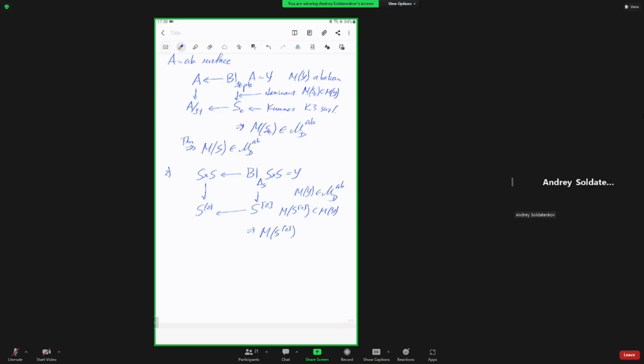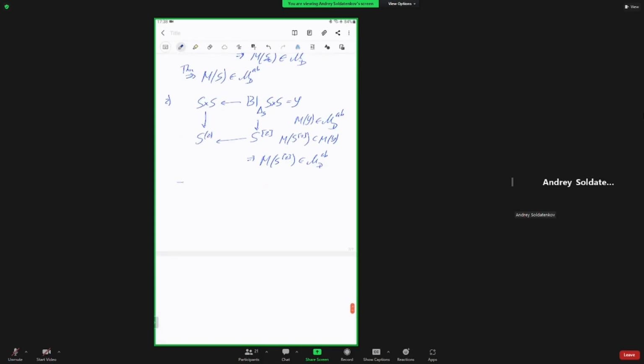Then we apply the theorem and conclude that the motifs of all S2 type hyperkähler manifolds are abelian. S2 type means that it is a deformation of S2 as a complex manifold.